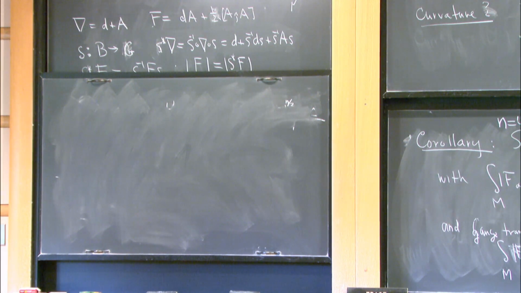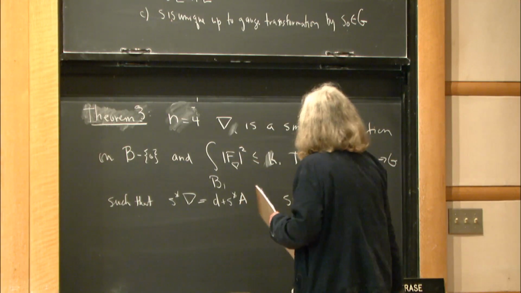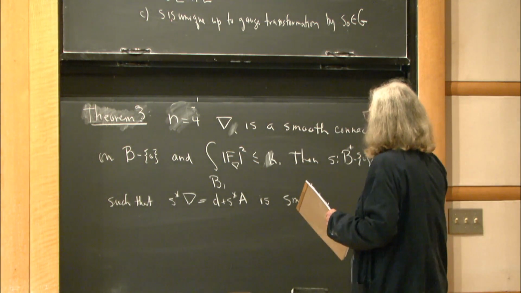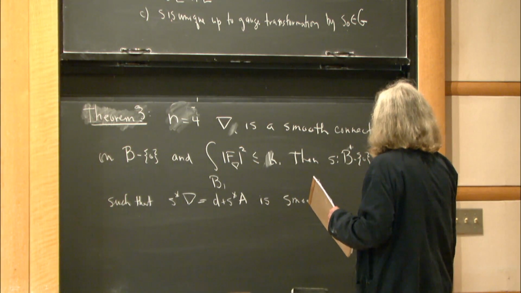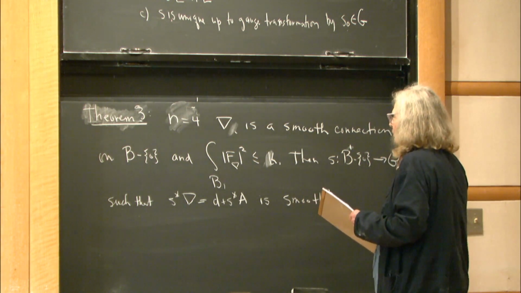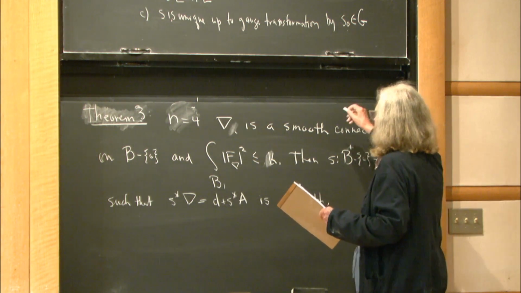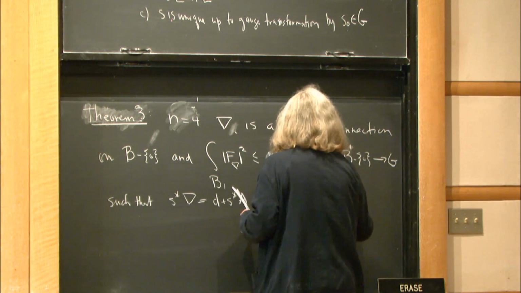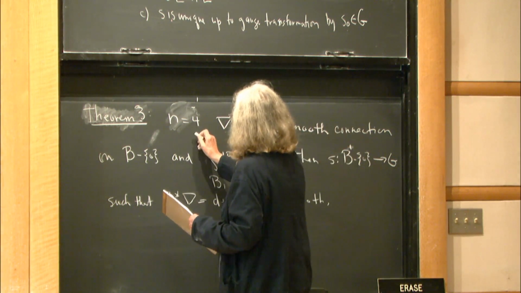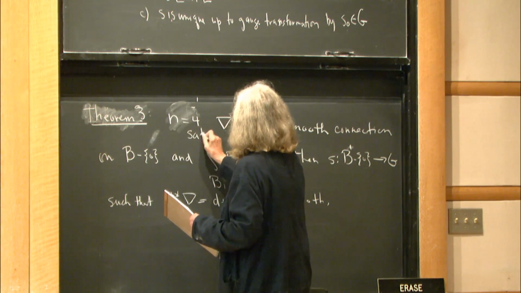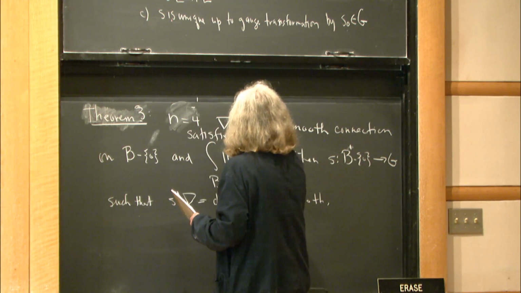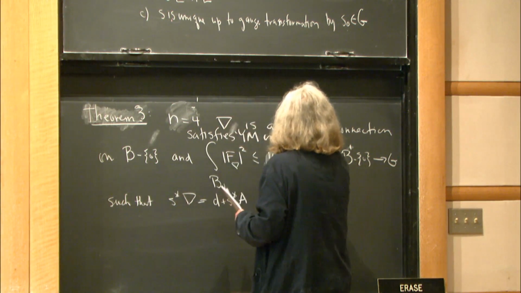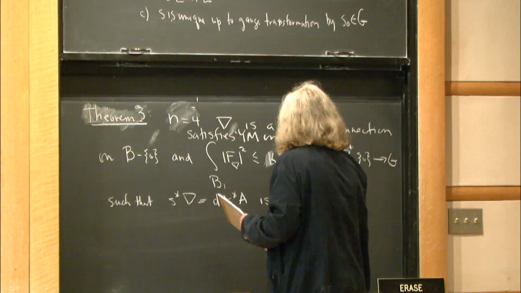And the theorem is that, if we have a connection that is smooth, the claim is there's actually a connection that satisfies Yang-Mills on B minus 0.